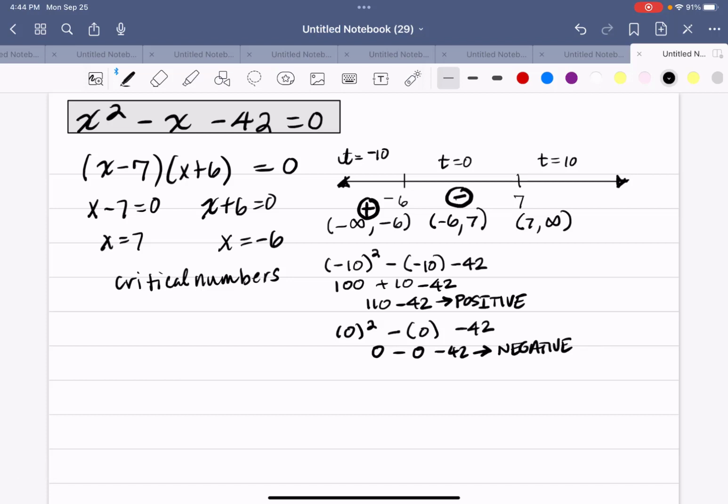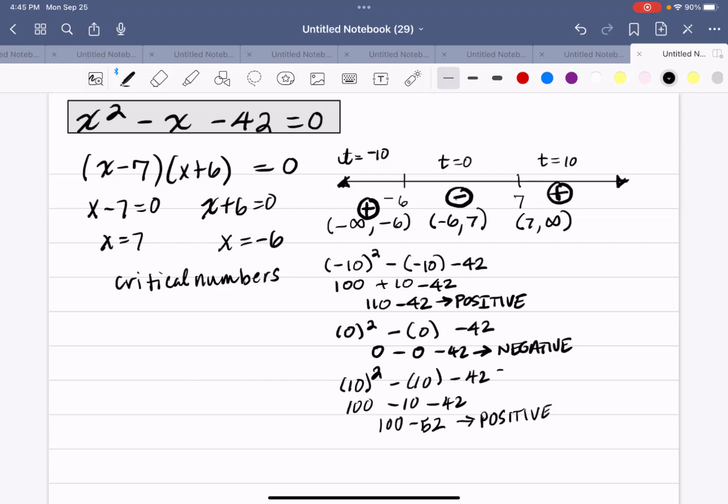And on the right, I'll check 10, that's my test point, 10 squared minus 10 minus 42, that's 100 minus 52, and that is also a positive number. So this region is positive.